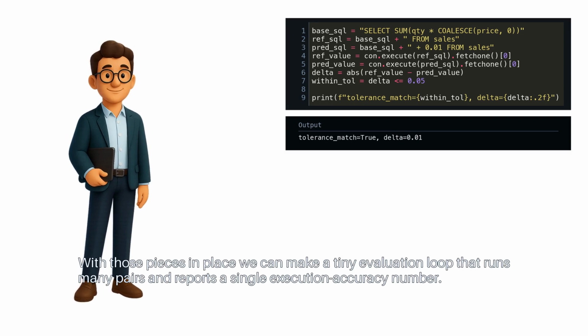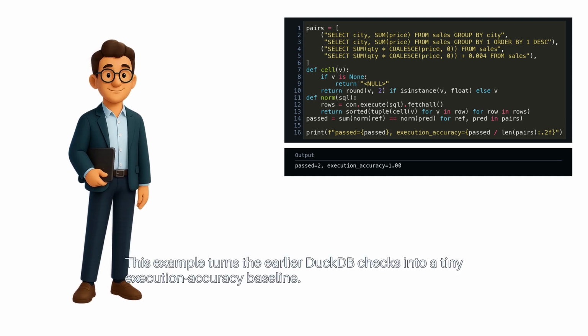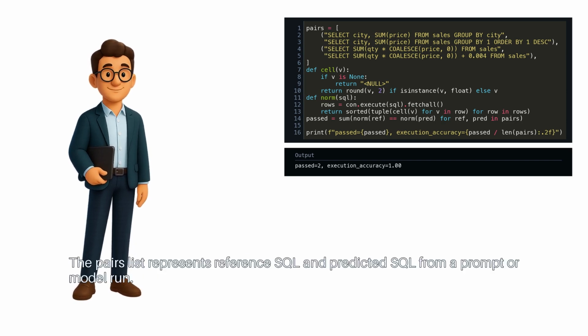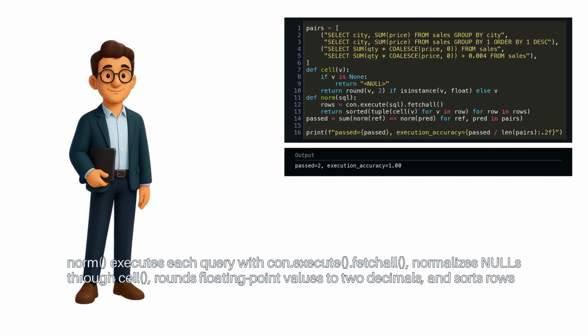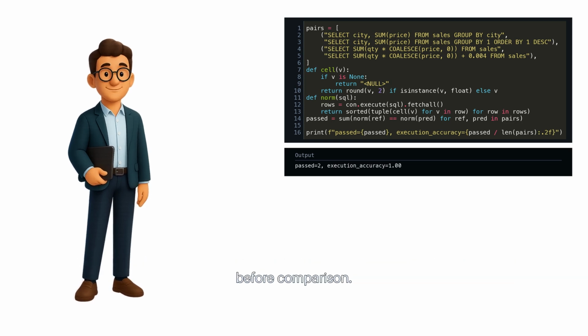With those pieces in place, we can make a tiny evaluation loop that runs many pairs and reports a single execution accuracy number. This example turns the earlier DuckDB checks into a tiny execution accuracy baseline. The pairs list represents reference SQL and predicted SQL from a prompt or model run. norm executes each query with con.execute().fetchall(), normalizes nulls through cell, rounds floating point values to 2 decimals, and sorts rows before comparison.